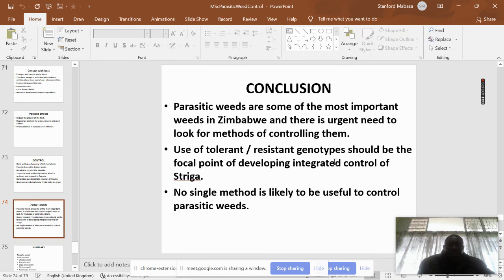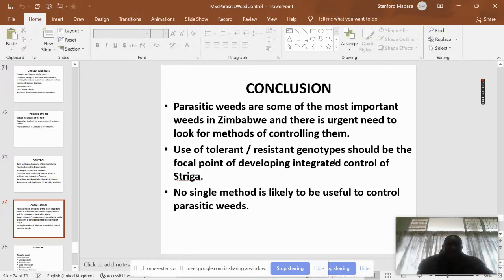Now, in conclusion, we would like to say that parasitic weeds are some of the most important weeds in Zimbabwe, and there is an urgent need to look for methods of controlling them. Use of tolerant or resistant genotypes should be the focal point of developing integrated control of Striga.